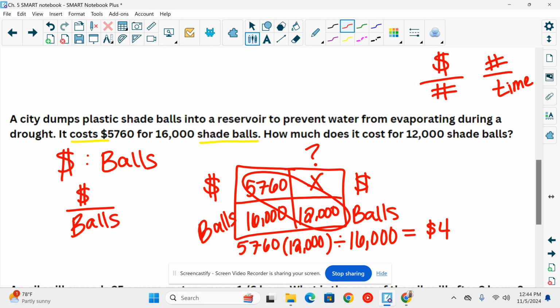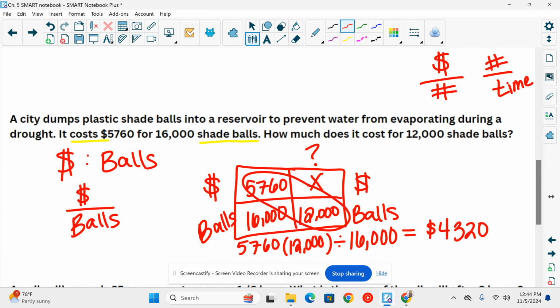Couldn't you just do a fraction like 5,760 divided by 16,000 and then multiply it by 12,000? You tell me, does it work? Yeah, I got 4,320. Alright, so what Eli was saying, I don't know if you heard this or not. He found the value of the ratio first.